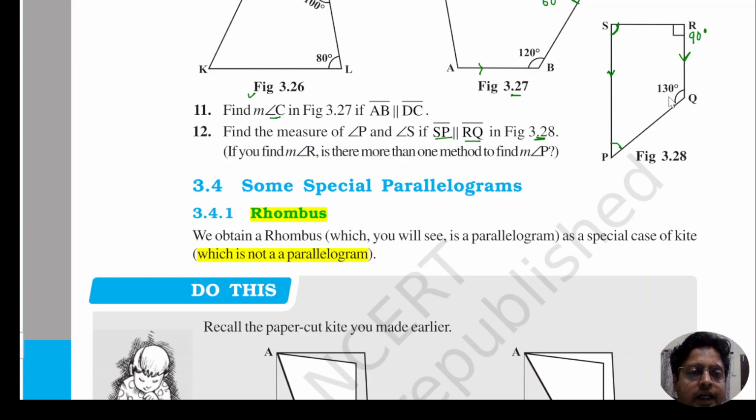So this angle is going to be 50 degree. Similarly, we can apply same concept here. If these two lines are parallel and this is a transversal, then the sum of adjacent internal angles is 180 degree. So since this is 90, this is going to be 90 degree. Okay.